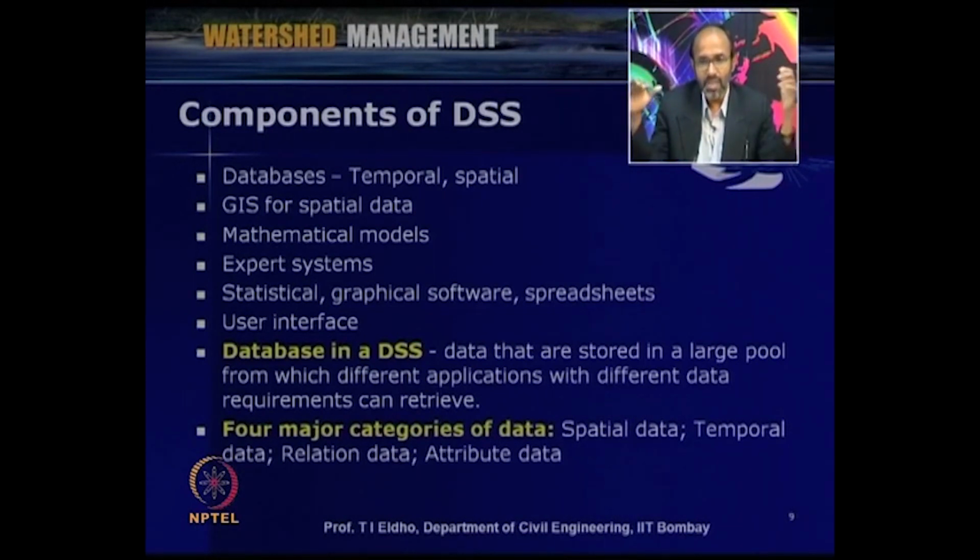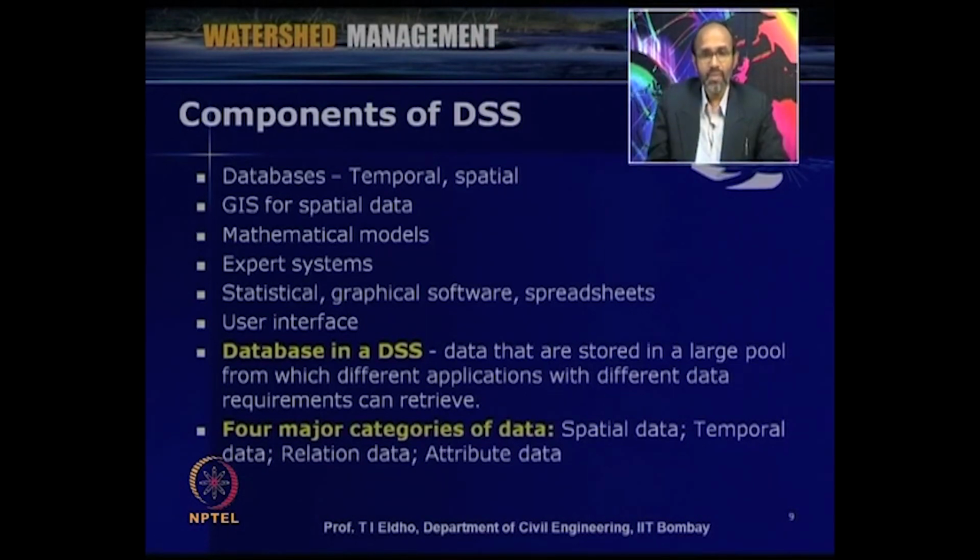So that from using that database we can retrieve the data, or we can give the input data, and then we can get the output in various formats, so that it can be directly utilized in the particular computer models.